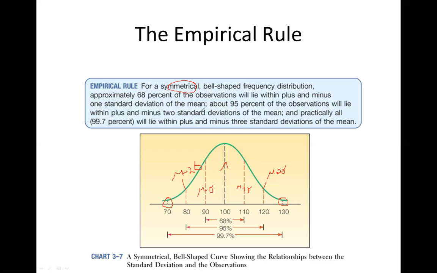The main differences between the Chebyshev theorem and the empirical rule: first, the Chebyshev theorem is for any distribution, while the empirical rule is only for symmetric data. Second, Chebyshev is for any value of k greater than 1, while the empirical rule is only for k equal to 1, 2, and 3.